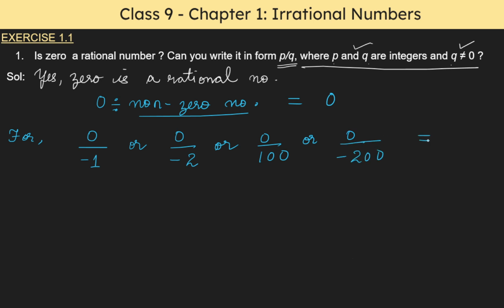All of these values will actually result in number 0. It means that number 0 can be written in all of these forms, correct?